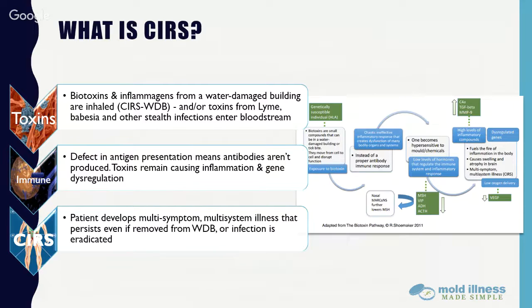And what this typically means is that these individuals have genetics that basically interferes with their immune system's ability to recognize these toxins, these biotoxins associated with Lyme and mold, and they cannot clear them from their body. They cannot create the antibodies to remove them. So in these individuals, they are more predisposed to developing illness if they happen to live in a moldy environment or they happen to get a tick bite.